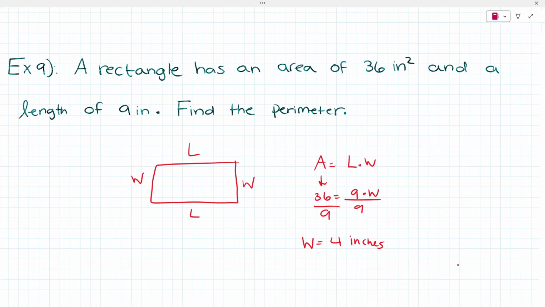Find the perimeter. So the perimeter is 2 times length plus 2 times W. So it's 2 times my length, which is 9, plus 2 times my W, which is 4. So that is 2 times 9 is 18, plus 2 times 4 is 8. So my perimeter is 26 inches.